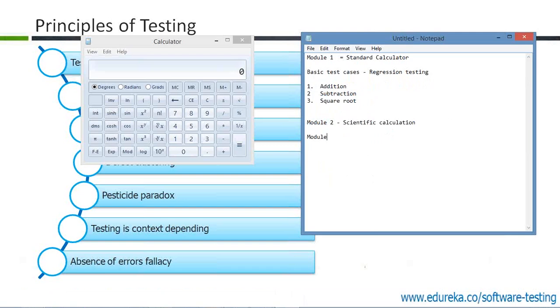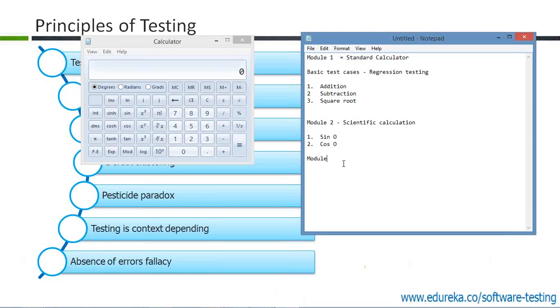So now you will pick up some test cases from scientific calculation, like for example I want to find sine theta and cos theta, some basic ones. Until and unless the next module comes, you will be testing this number of test cases.